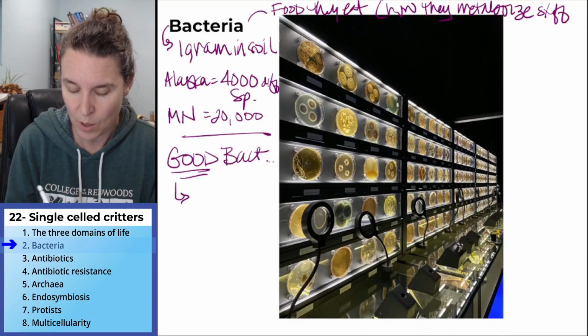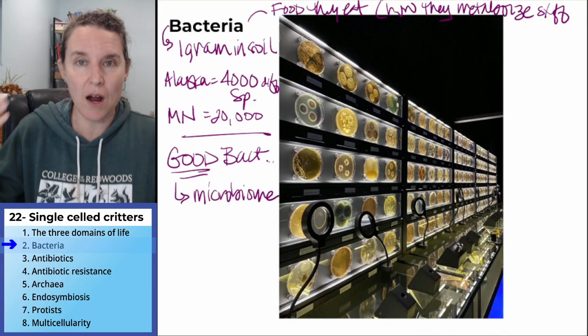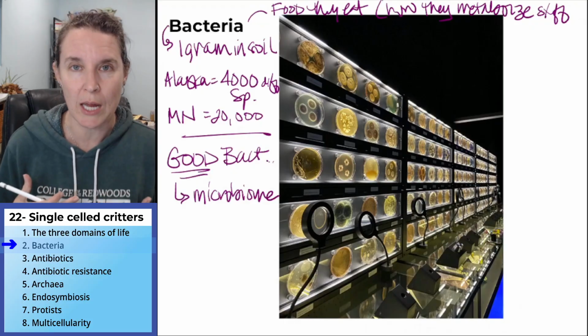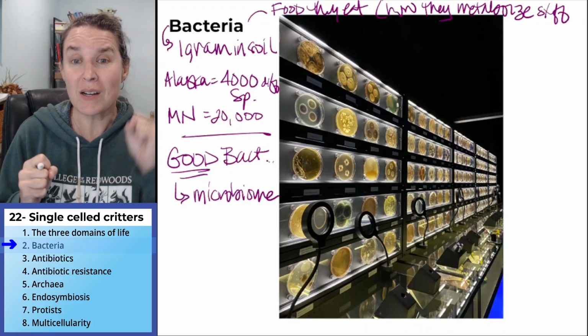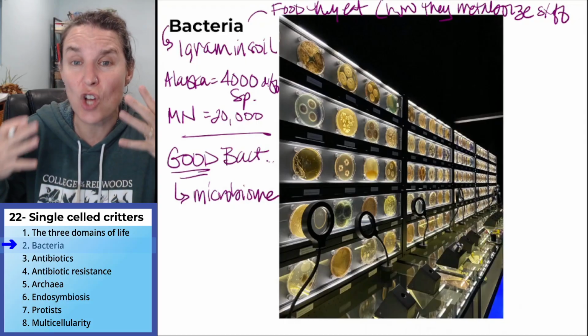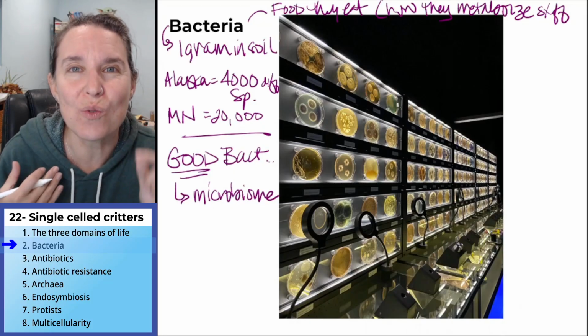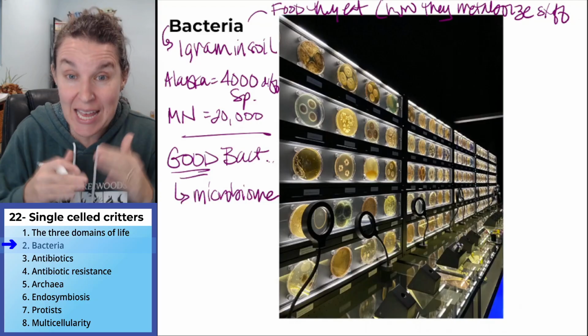For example, we have a microbiome in our happy little human bodies. There are 10 times as many bacterial cells on and in us as our own cells. 10 times as many.